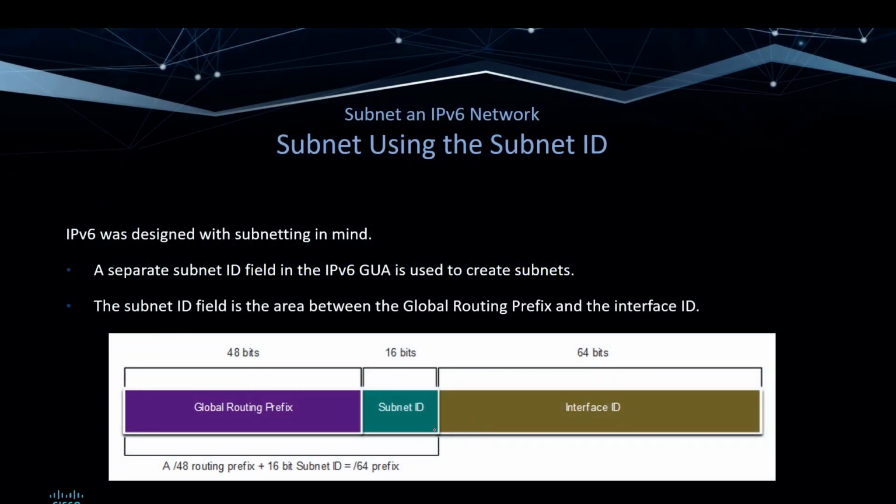But in case you are working with an ISP, when they acquire an IPv6 allocation, they get the first 48 bits, and then they use the last 16 bits for subnetting. They can allocate customers subnets from the last 16 bits.